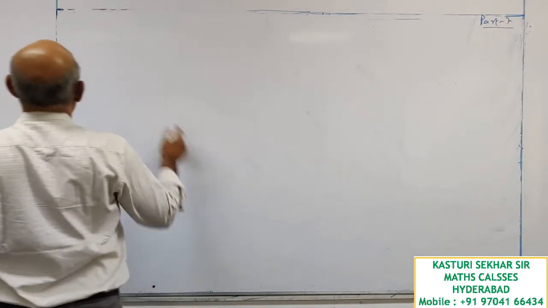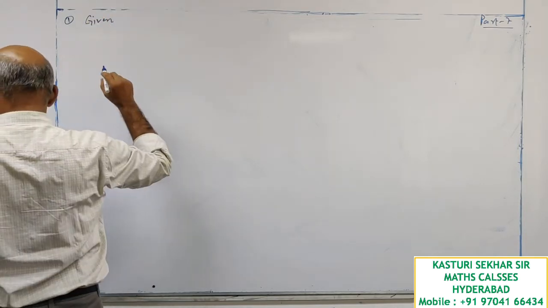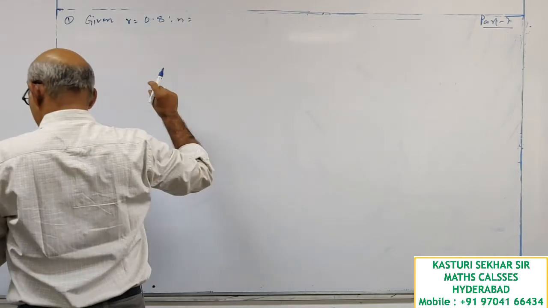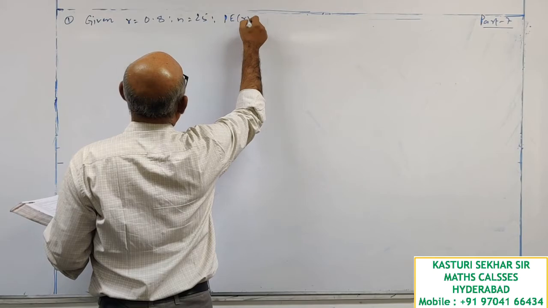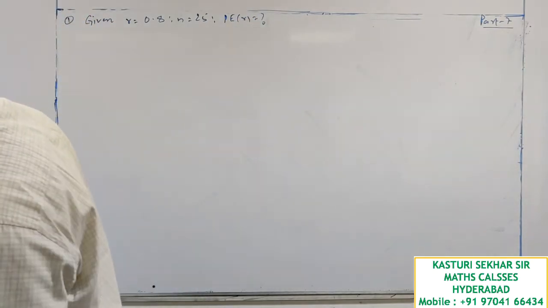Given r is equal to 0.8, n is equal to 25. Probable error of r is equal to question mark.